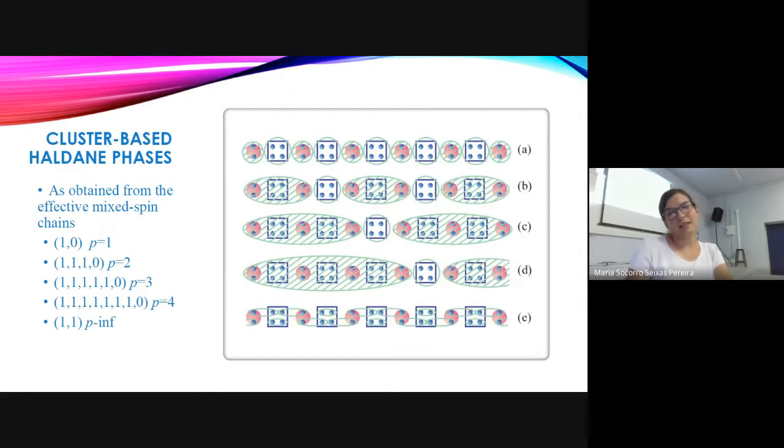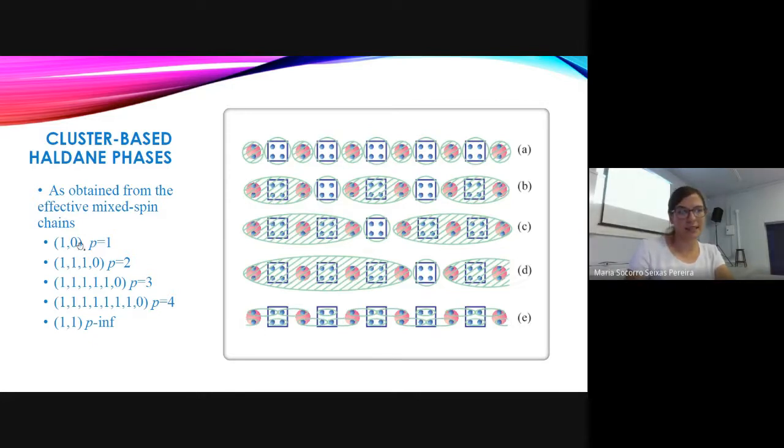Okay, this figure shows how we can understand the cluster-based Haldane phases. The clusters in shaded ovals are in triplet state, which are fragmented by tetramers in singlet state, because a singlet tetramer breaks correlation on both its sides.